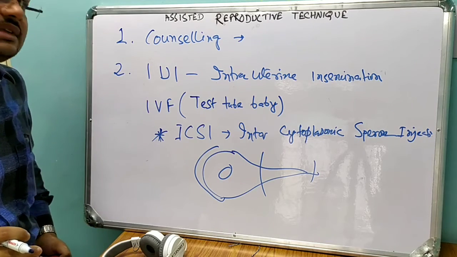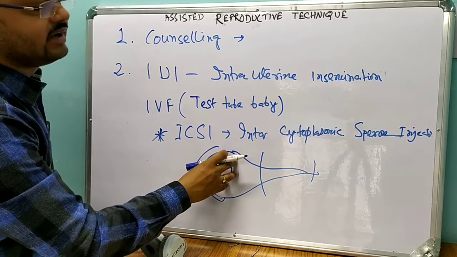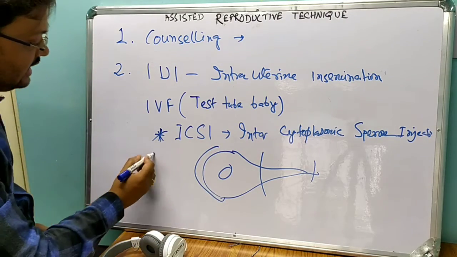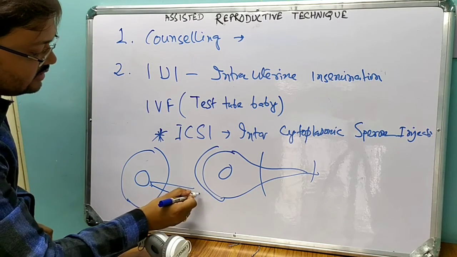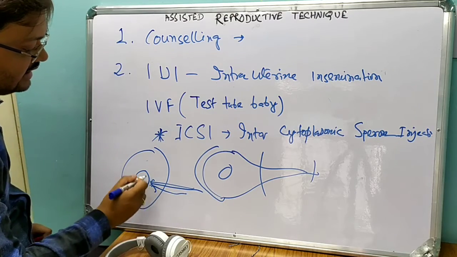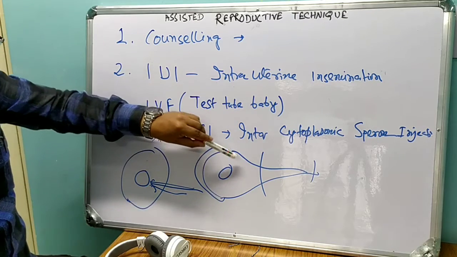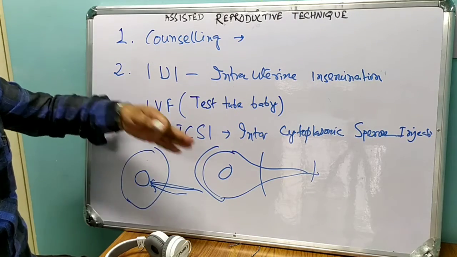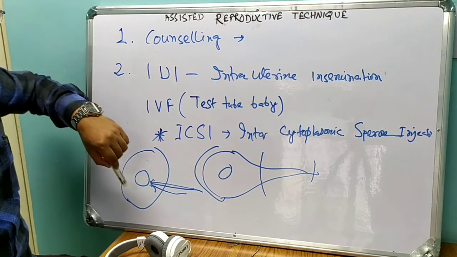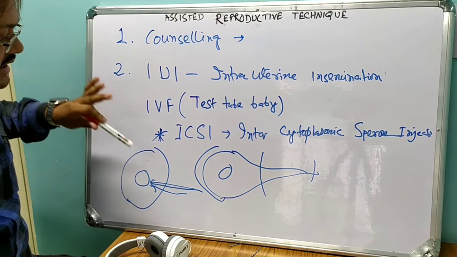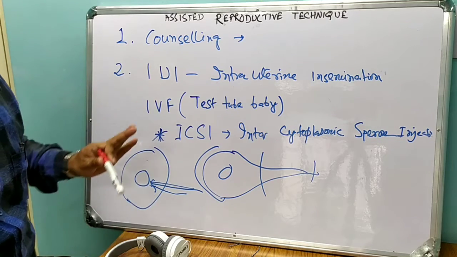Then only the genetic material is collected, and using a micro syringe, we push this pre-processed genetic material of a sperm inside the ovum. So, intracytoplasmic, we are directly doing the fertilization process itself.